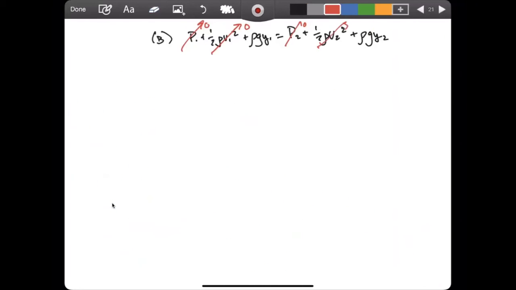So what I'm left with is rho g y is equal to rho g y2. The densities are the same, they cancel. G's are the same, so they cancel. And all this tells me is that y2 is simply equal to y, or y1, which is equal to 0.8 meters.